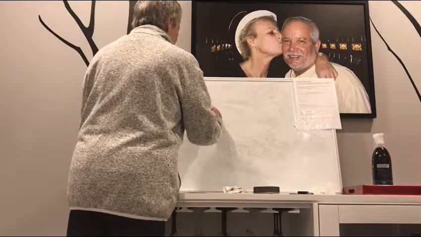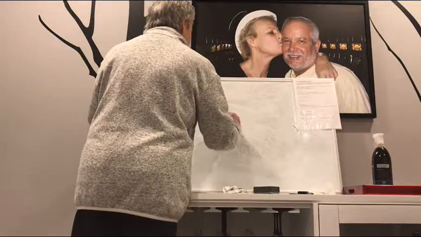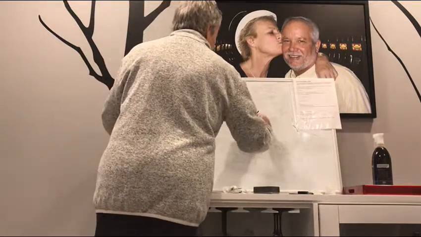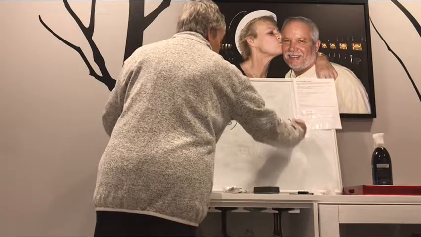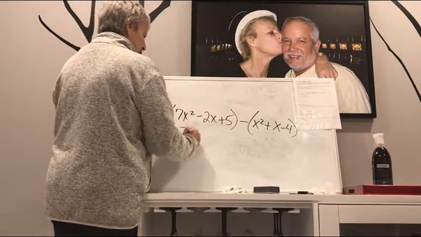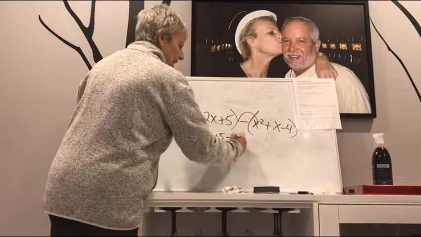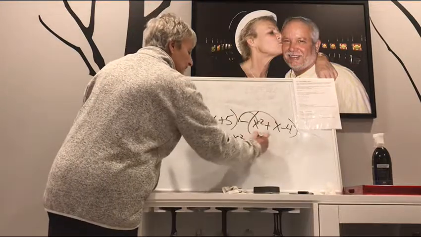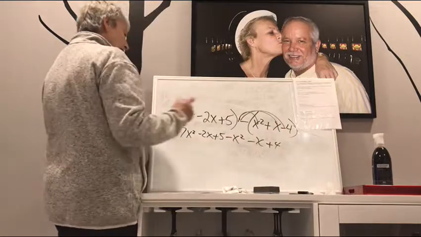7x squared minus 2x to the 1st power plus 5 minus x squared plus x minus 4. All right, rewrite the first one, because there's nothing out here, as is. Then it's minus x squared minus x plus 4. Now add like terms.